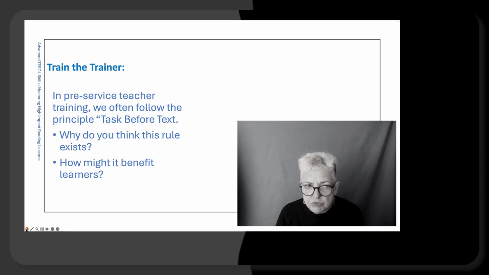But as a general rule, as a trainer, you want to see your teachers giving the task for everything before the students actually do the activity. So if students know what they're doing, they can guide how they do it, and they get a sense of achievement, and they know when they're completed, and the task will dictate how they approach the text.